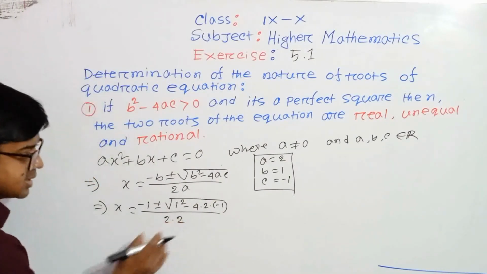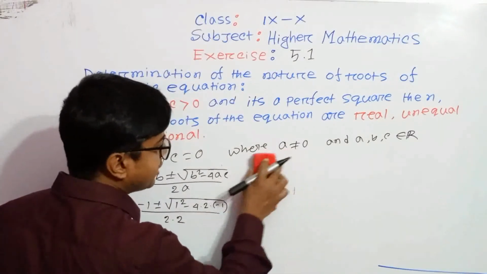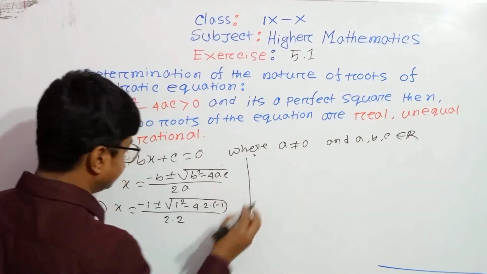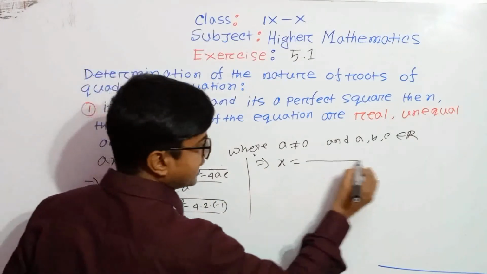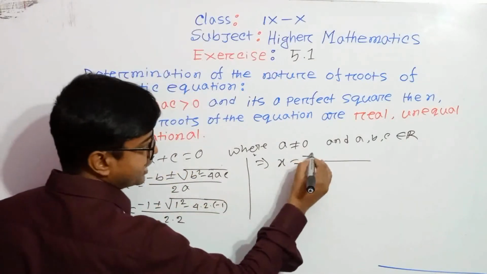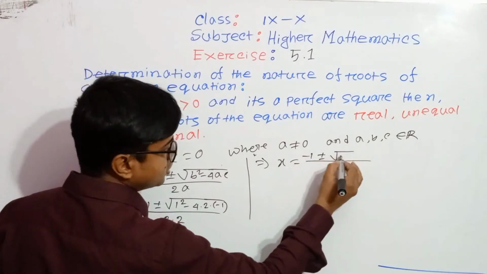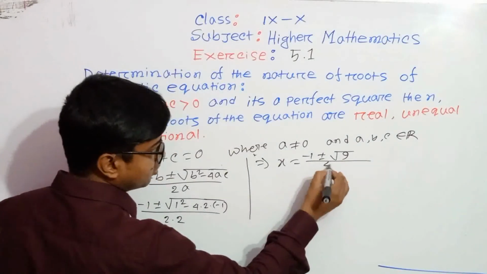Now after this line we can write x equals, after calculation, minus 1 plus minus square root 9 by 4.